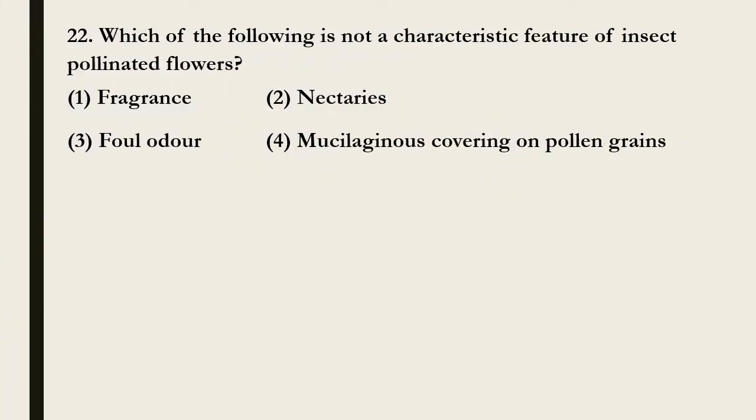Question number 22. Which of the following is not a characteristic feature of insect pollinated flowers? Options: 1, fragrance; 2, nectaries; 3, foul odor; 4, mucilaginous covering on pollen grains. Among these, the mucilaginous covering on pollen grains is a character we observe in hydrophytes, that means plants which are present in the water.